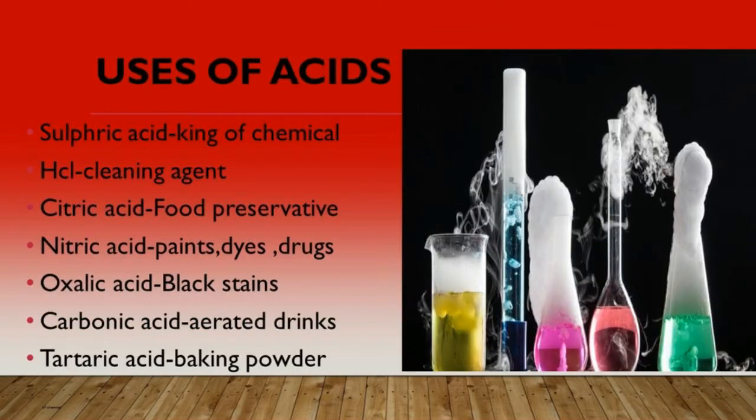Uses of acids. Sulfuric acid is the king of chemicals, which means it is the king of all chemicals because it is used in the preparation of many other compounds, and it is also used in car batteries.